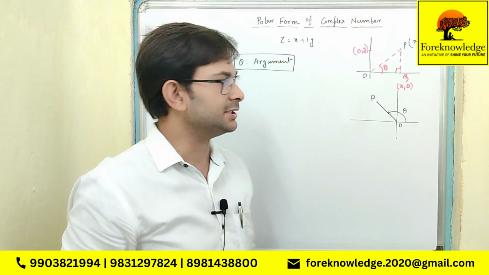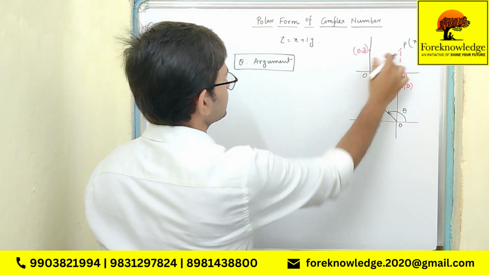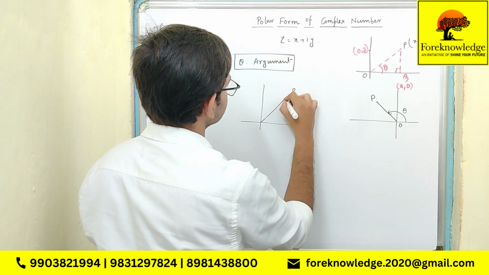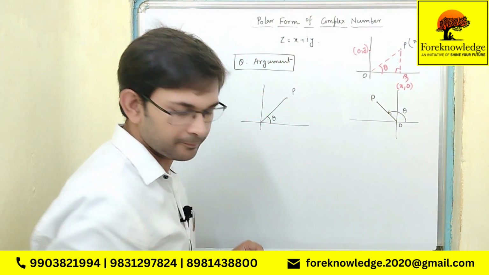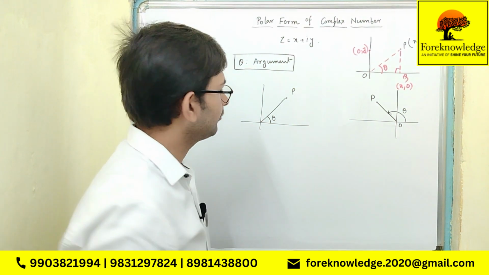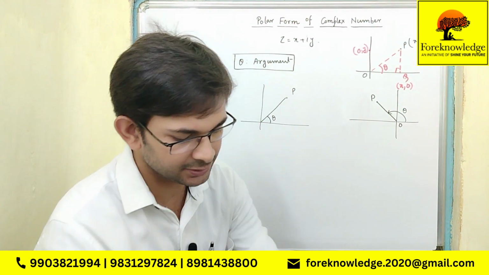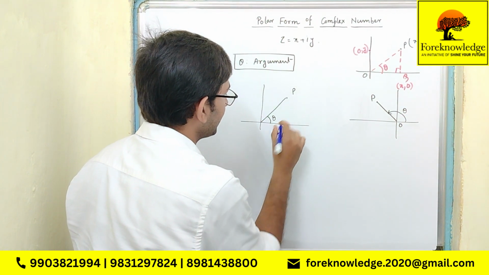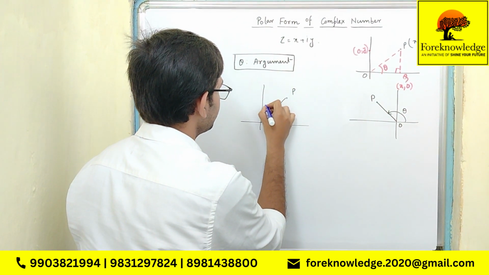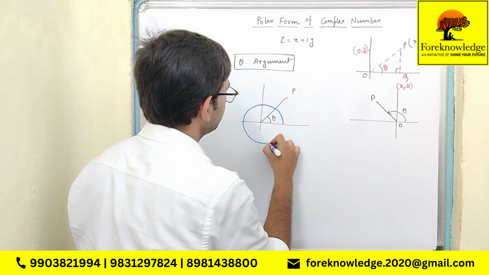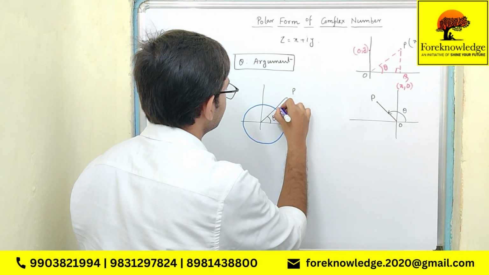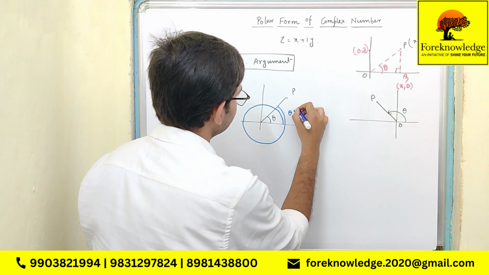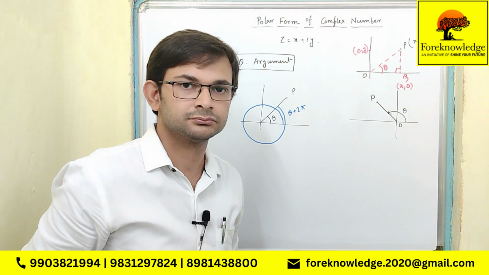But the problem is here that, suppose this is the point P, this is the angle theta. Now we can start calculating the angle from here, and we make a full revolution of 2 pi, and then we end up here. So what will be the angle? Now the angle is theta plus 2 pi. Are you getting my point?